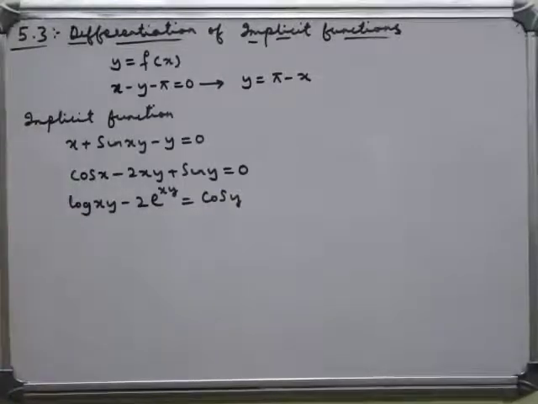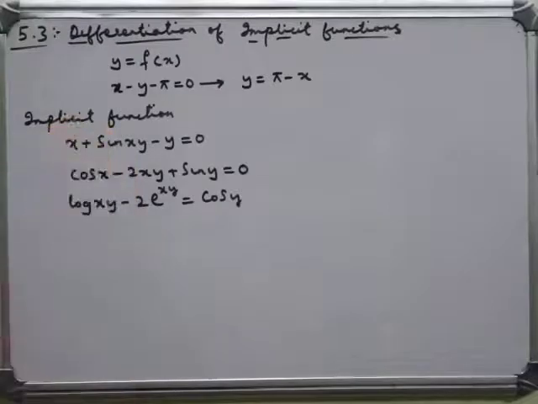Now this is another example of an implicit function. Okay, I hope now you can differentiate between an implicit function and an explicit function. In the case of explicit functions, we have been finding the derivatives, we can easily differentiate. So when we have an implicit function, let us see how to differentiate.